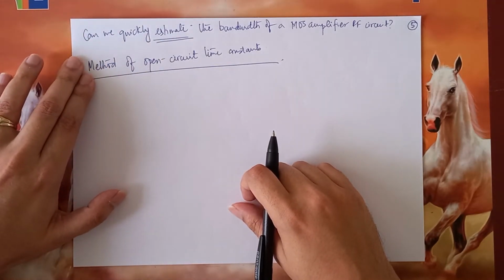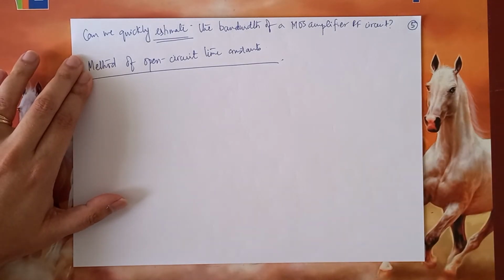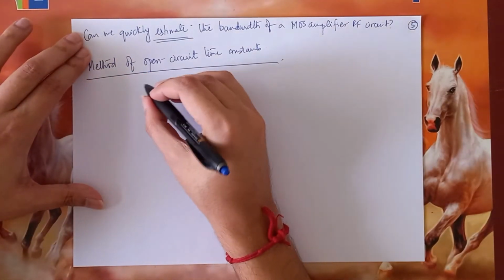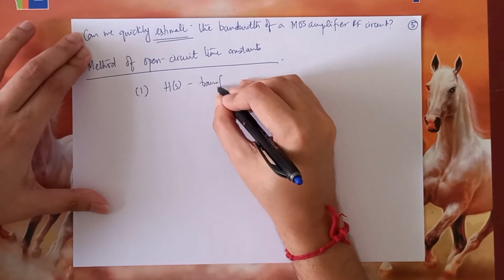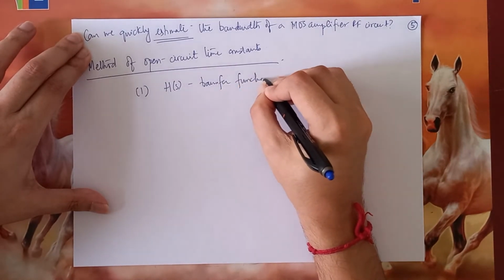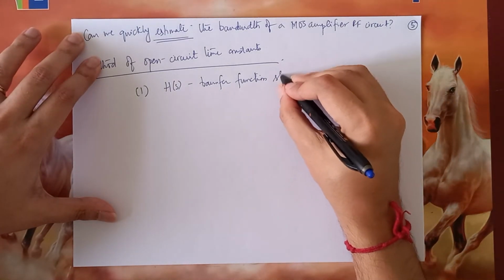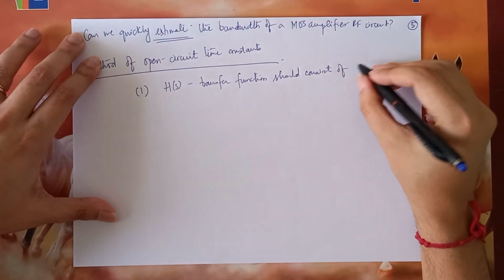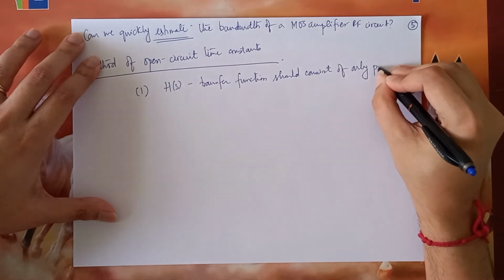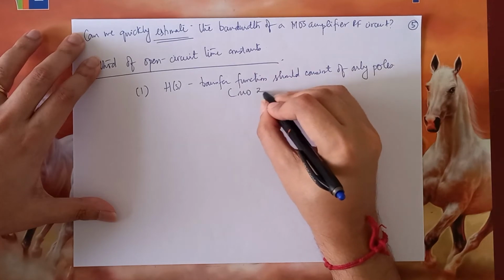Essentially, the method of open circuit time constants works for two cases. You can only use it when, these are important, first, the H of S or the system transfer function should consist of poles only, no zeros.